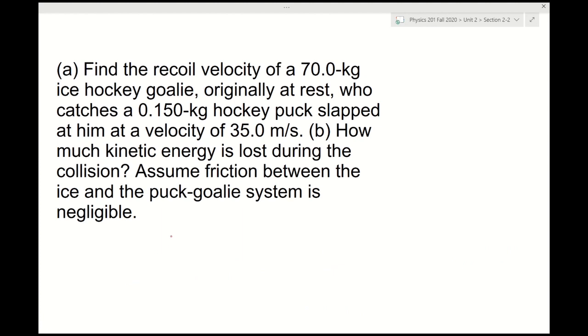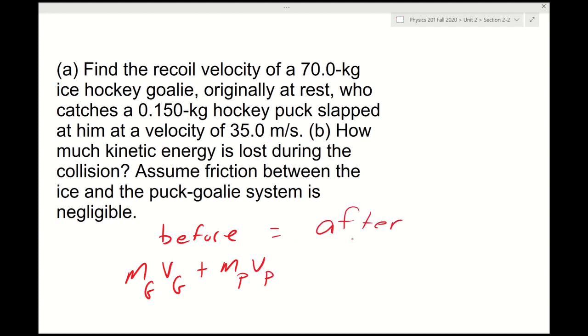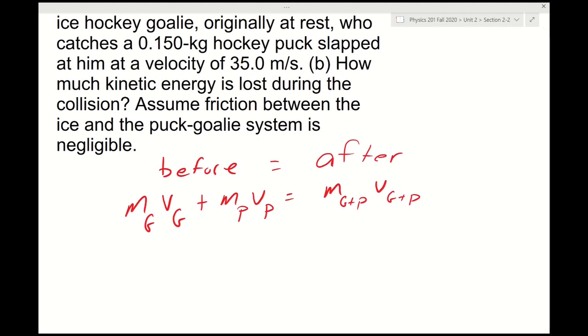So before, we have a goalie who has a mass, I'm going to say G, and a V of G, and the puck, which has a mass of P and a V of P. That is going to have to equal the after, which is going to be the mass of G plus P and the speed of G plus P. The goalie is a 70 kilogram goalie, but he is at rest.